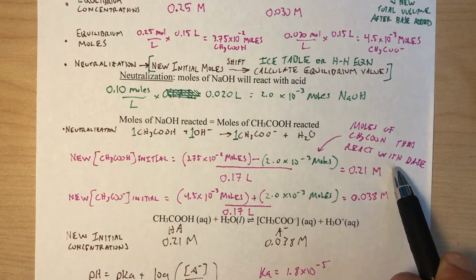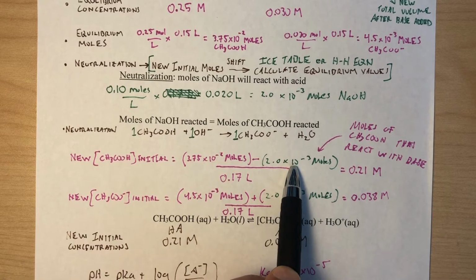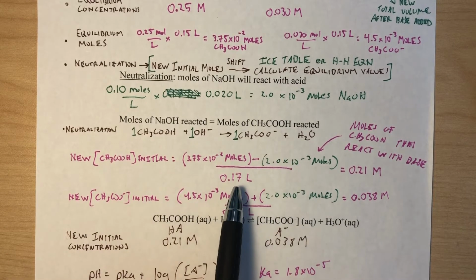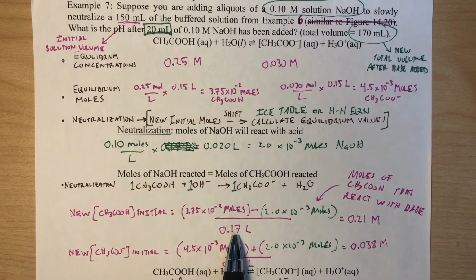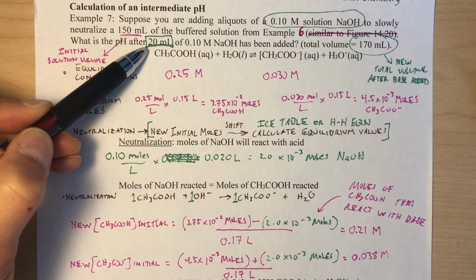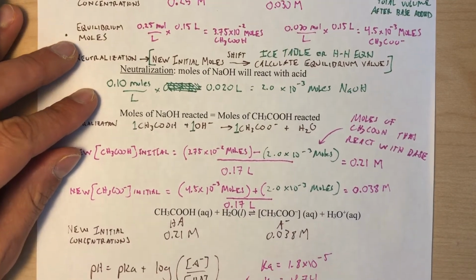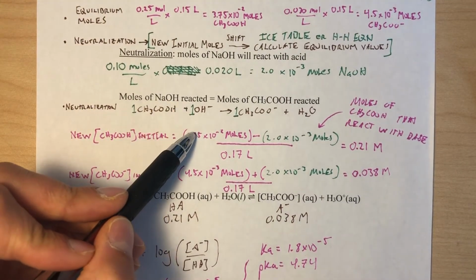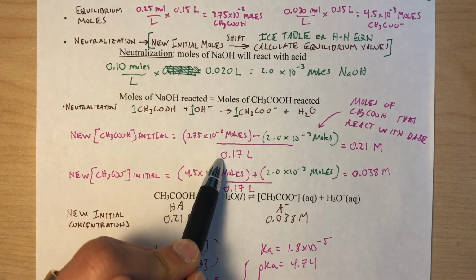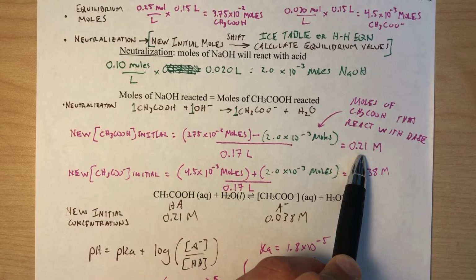Once we subtract those moles, we then need to divide by our volume. Our volume is no longer 150 milliliters, it is now 170 milliliters because we've taken 150 and added 20 milliliters of our sodium hydroxide solution. So we take our initial moles of acetic acid, subtract the amount that reacts away, and then divide by our new volume, which is larger, and that gives us a new initial concentration of 0.21 molar for acetic acid.